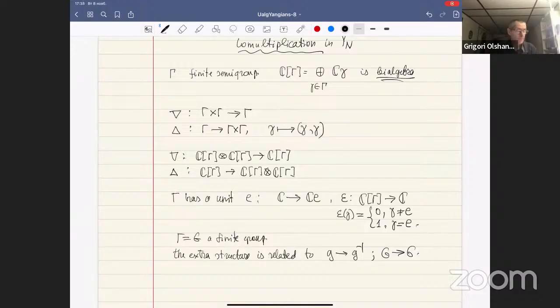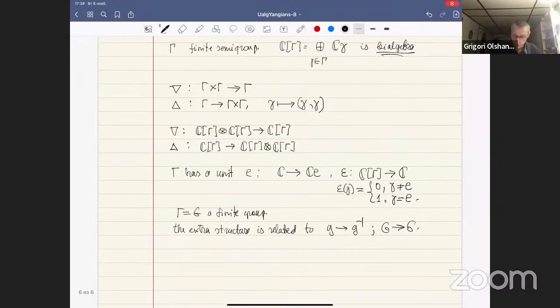It is expressed in terms of a group algebra by the so-called antipode map. Antipode map.